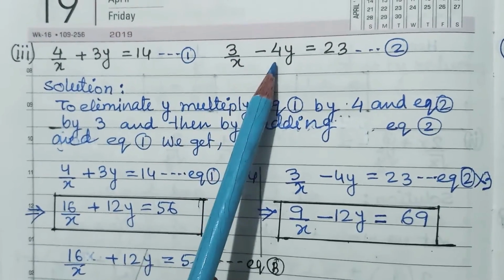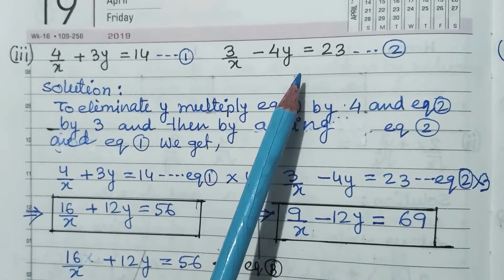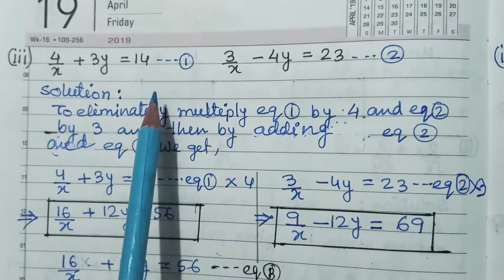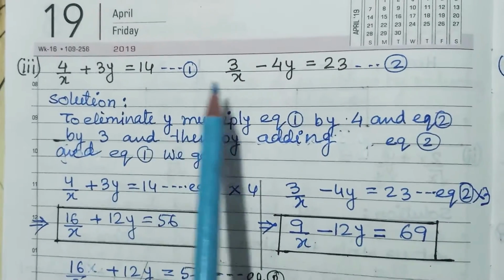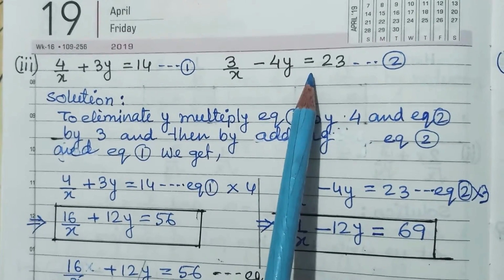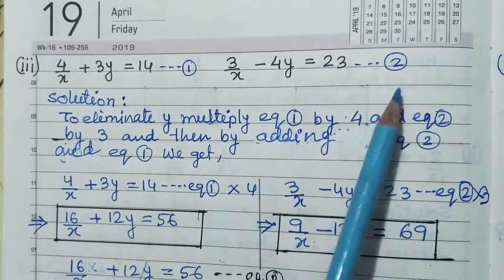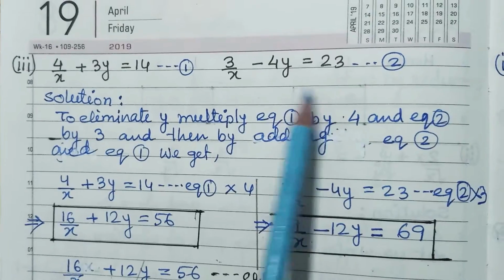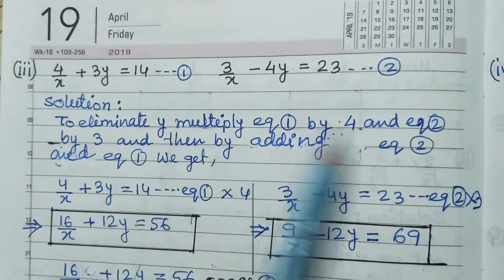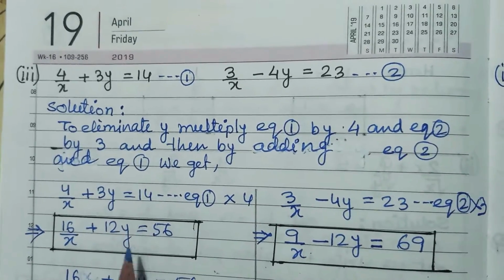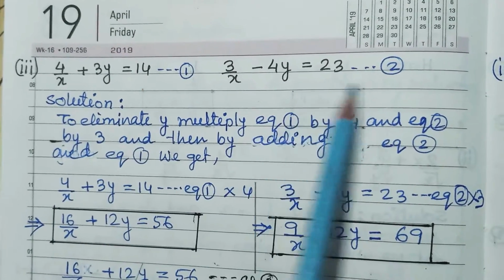Now if the question has been given without being in linear form, only asking to solve the equations, in that case there is no need to take 1/x equal to a or 1/y equal to b. Directly we can solve it. This is the first equation, this is the second equation.